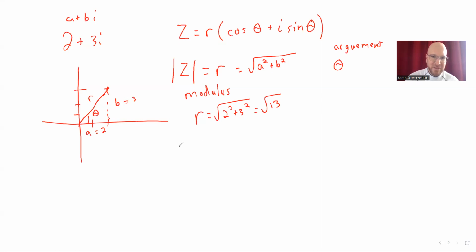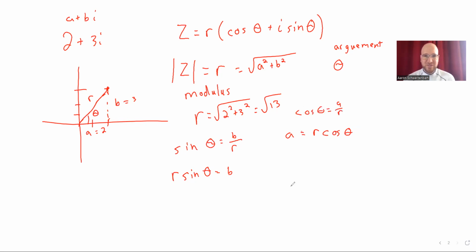We know that the sine of theta equals b over r, or r sine theta equals b. And likewise, a is going to equal r cosine theta. Again, that's cosine theta equals a over r. So my complex number is a plus bi.